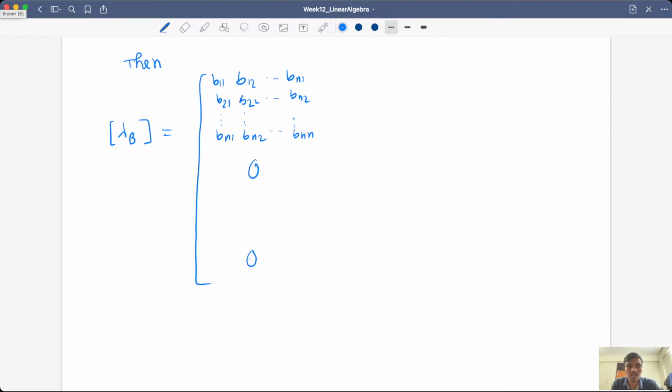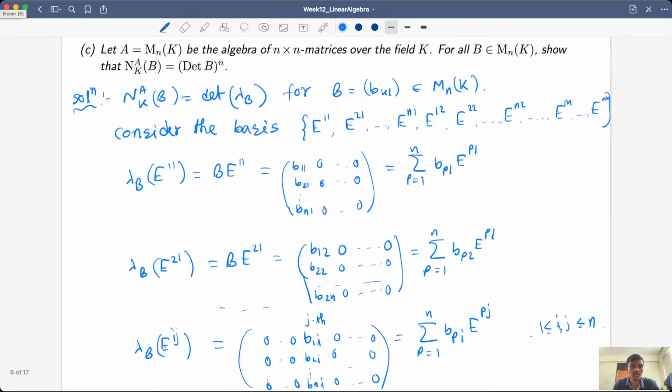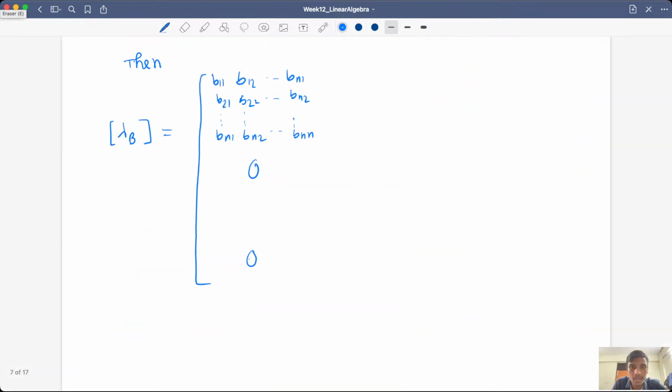But if I go to the next, E12, for E12 I'll get the 1 2, so it is at the second column, I will get the first row, right? So for the second column the vector starts here, again as B11, B21, up to Bn1 and so on.